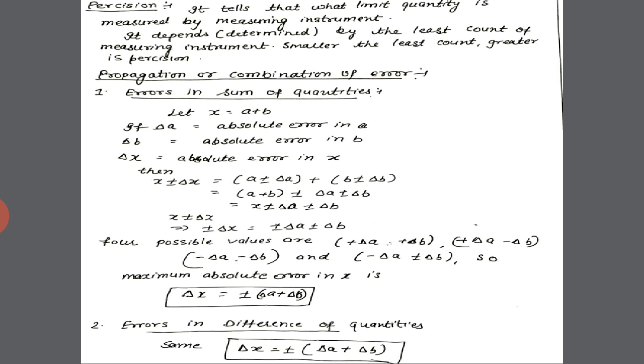First we will study errors in the sum of quantities. Let x equal a plus b. Delta a is the absolute error in a, delta b is the absolute error in b, and delta x is the absolute error in x.